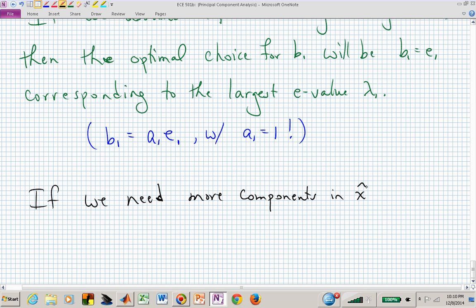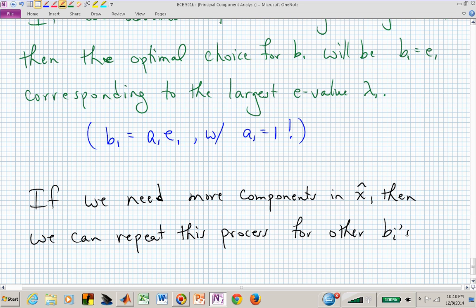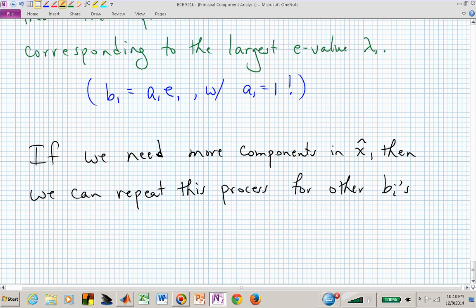If we need to keep looking at additional directions, if we need more components in this approximation of x by x hat, then we can repeat this process for other b sub i's after removing the eigenvectors e of the largest eigenvalue that we came to first.